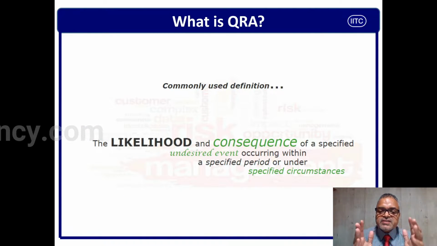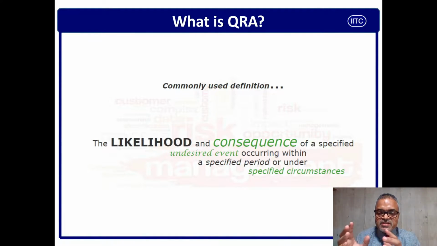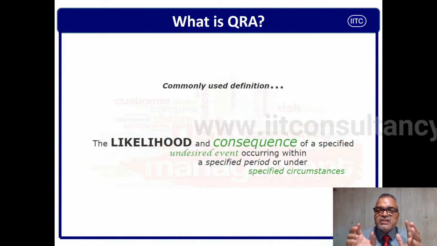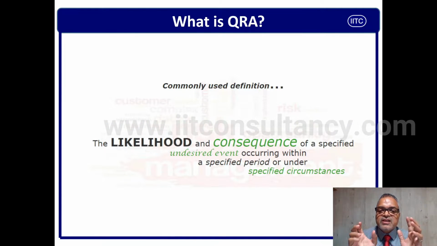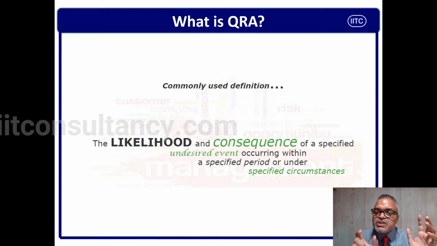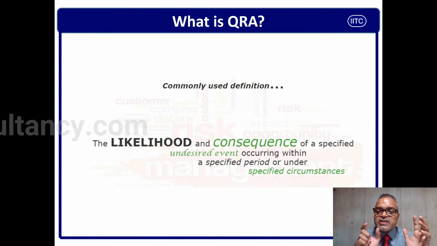Now let us understand very quickly what a quantitative risk assessment is. If you remove the word quantitative, the remaining thing is risk assessment. So what is a risk assessment? We need to understand risk. What is risk?